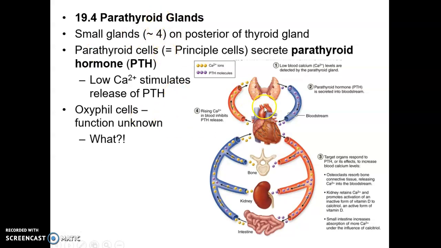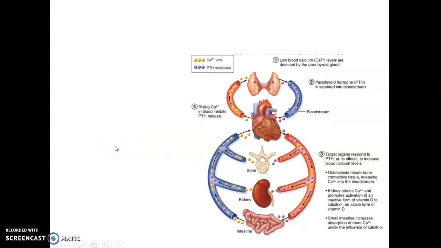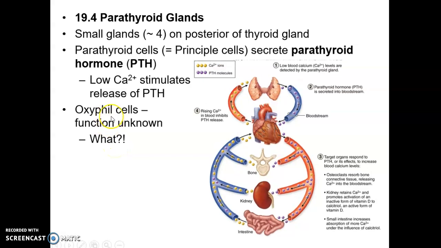There's another type of cell in the parathyroid gland called the oxyphil cells, and the function is kind of unknown, which is always surprising to me that there's still so much stuff we don't know. So you don't need to know function of the oxyphil cells, and I won't even ask you about those.